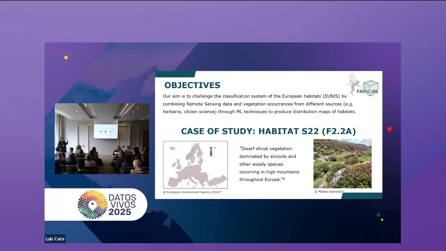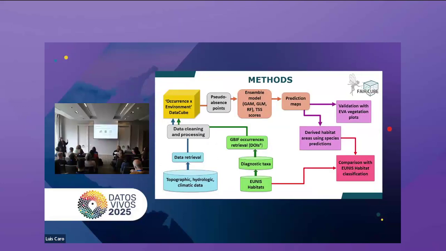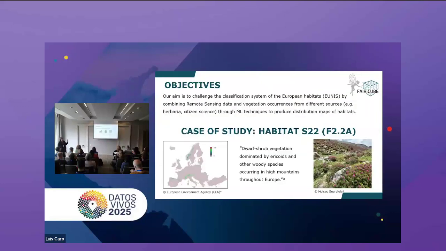GBIF. And we modeled them through machine learning algorithms, and we produced this distribution map of one particular habitat, S22, which was our use case study, and which is a habitat present in the mountain region and dominated by ericoids and other woody species.